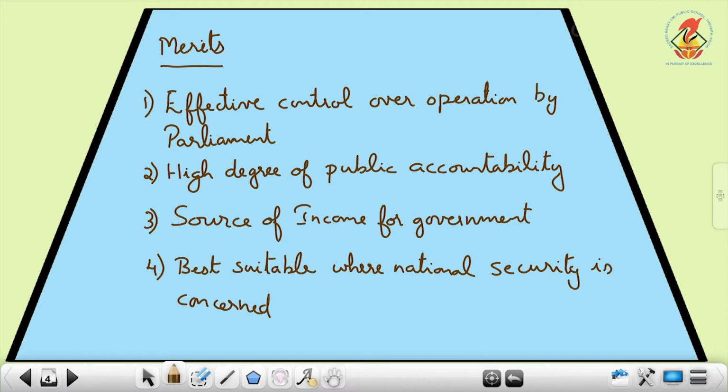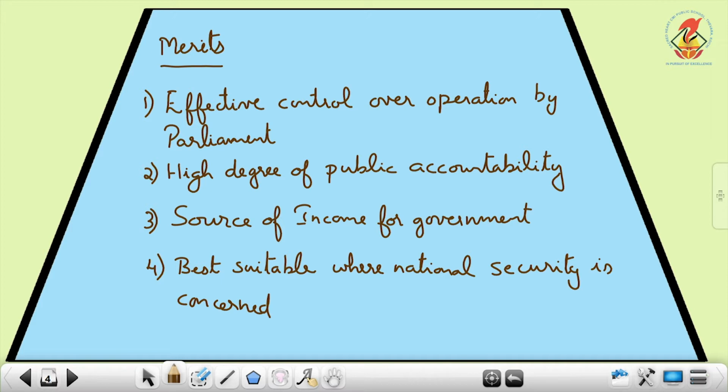There is a high degree of public accountability. That means public can easily get to know what is happening, because everything happens through ministry, and it is to be explained in the parliament. So public has a clear picture about what is happening.